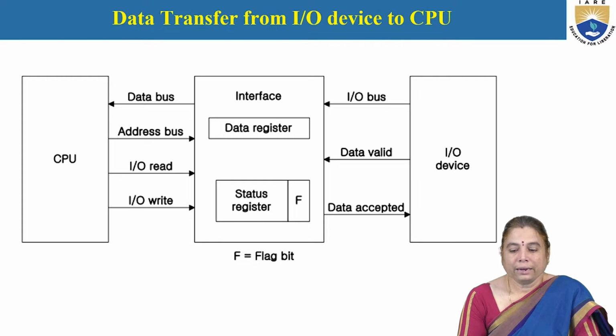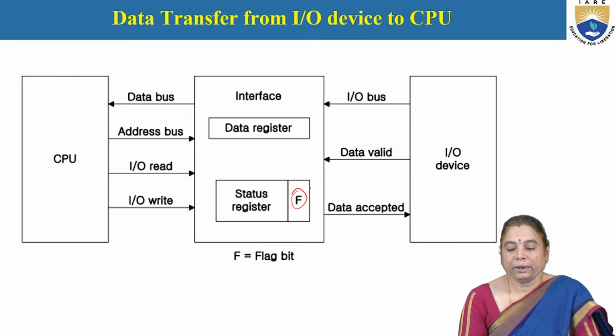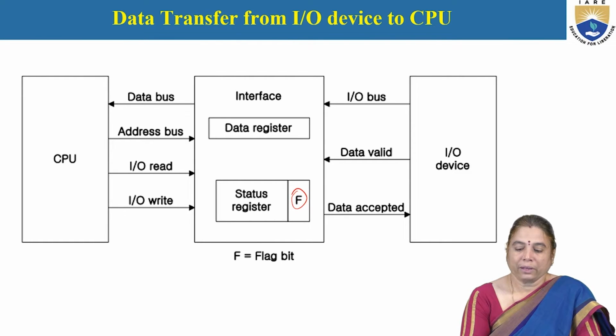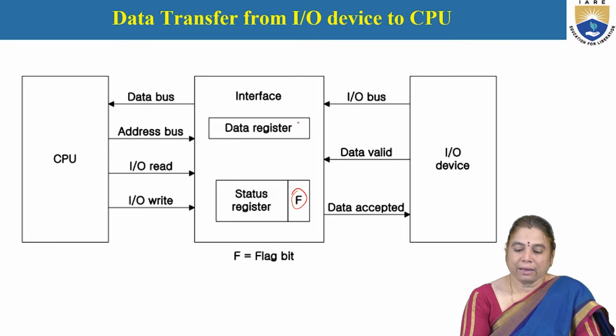So here the data transfer from IO devices to CPU is generally done with the help of hardware implementation. Whenever the status register flag bit is looked at and monitored by the CPU, if all the data is kept in the data register, the flag bit can be set so that the data is readily available.